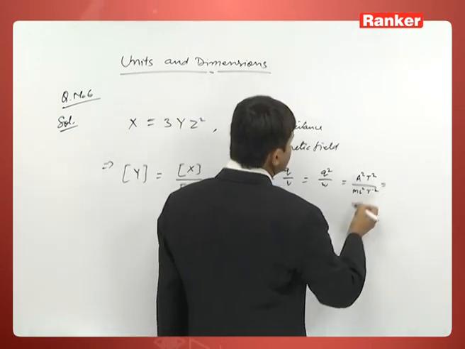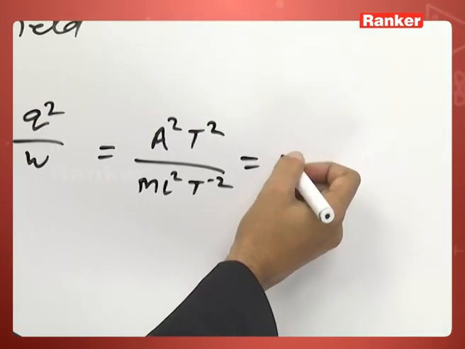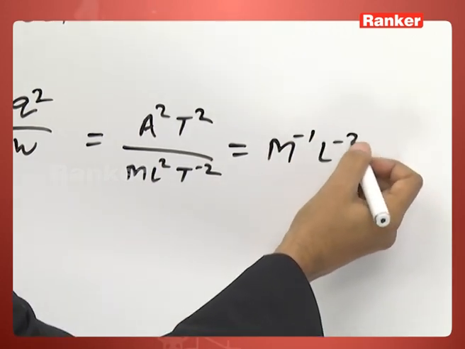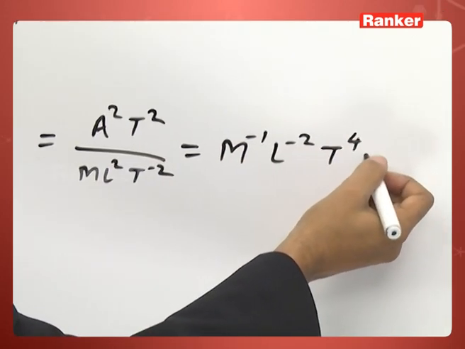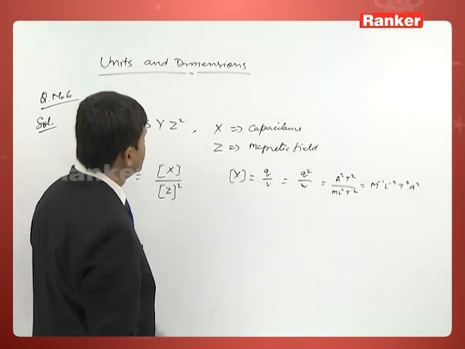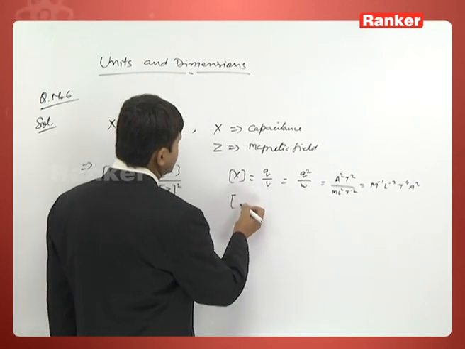So the dimension of capacitance is M minus 1, L minus 2, T to the power 4, A squared.